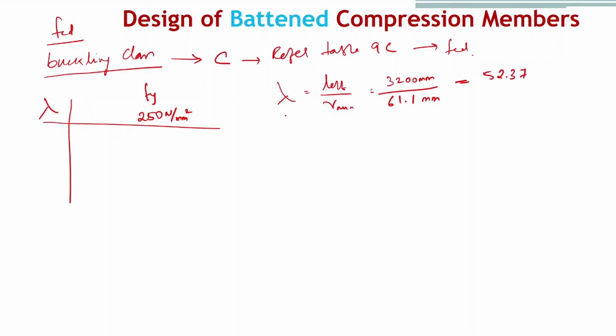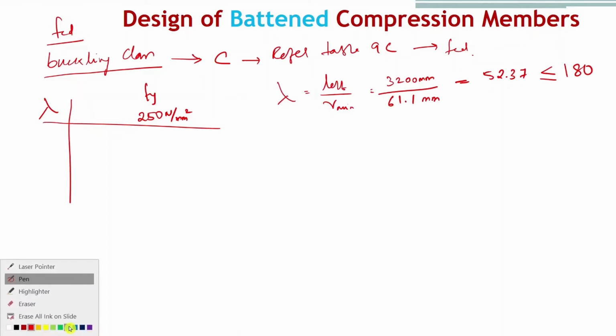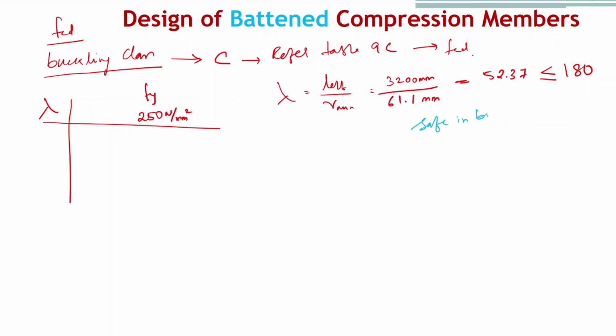Whenever we calculate slenderness ratio of a compression member, you need to check with the maximum permissible slenderness ratio, which is also given in IS 800 2007. For a compression member subjected to dead load and imposed load, the maximum slenderness ratio allowed is 180. Since the slenderness ratio is less than or equal to 180, the chosen compression member is safe in buckling. Otherwise, you need to revise it.